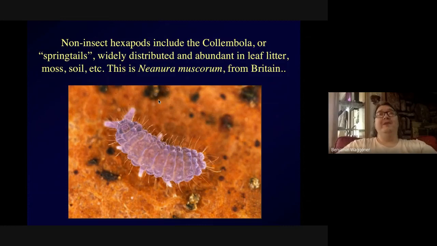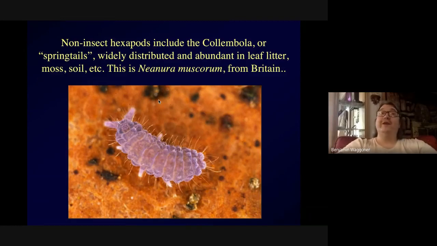They tend to be very small, millimeter size or possibly less, but they're extremely abundant in leaf litter, in mosses, in soil. They're quite diverse, quite widely distributed, but not often seen unless you go looking for them. This just happens to be one from Britain called Neanura muscorum. They're called that because on the underside of the abdomen, there's a forked appendage that they can actually use as a lever to kind of push off and jump relatively very high very quickly, hence the name springtail.